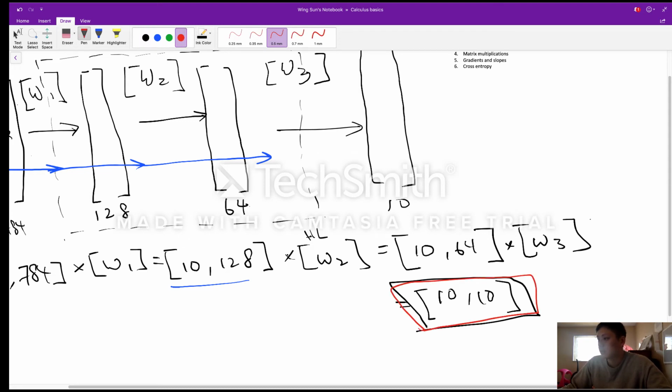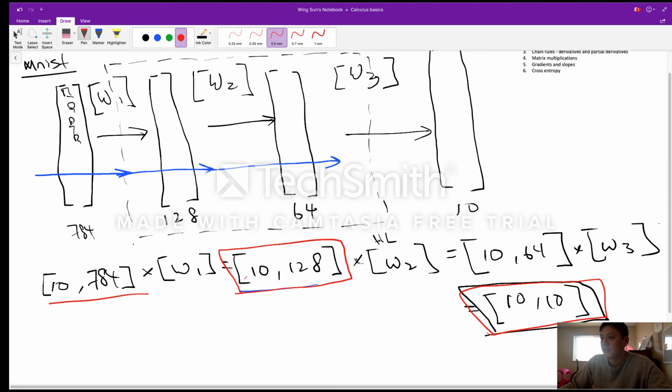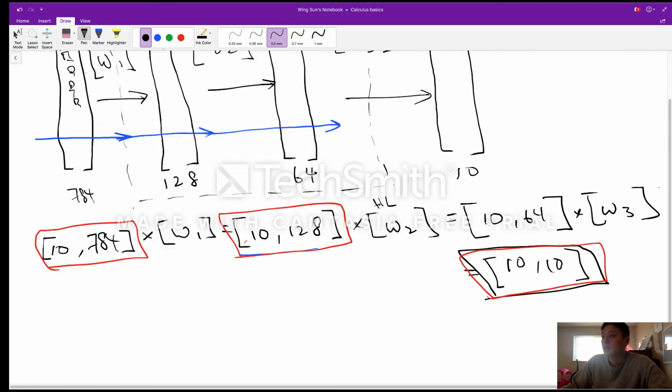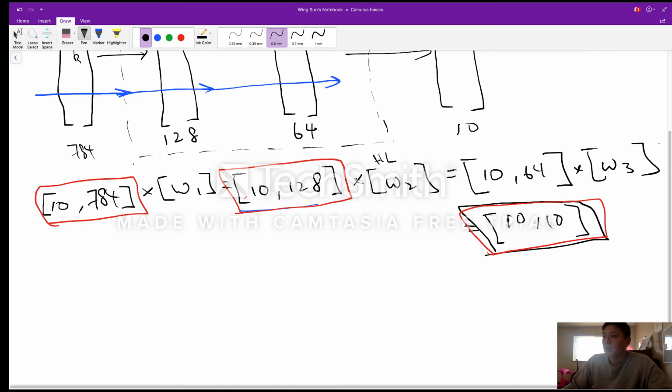Now the question is, what are the dimensions of W1, W2, and W3? Let's look into it. For W1, you have 10 by 784, and you multiply this by something, and that will give you 10 by 128.